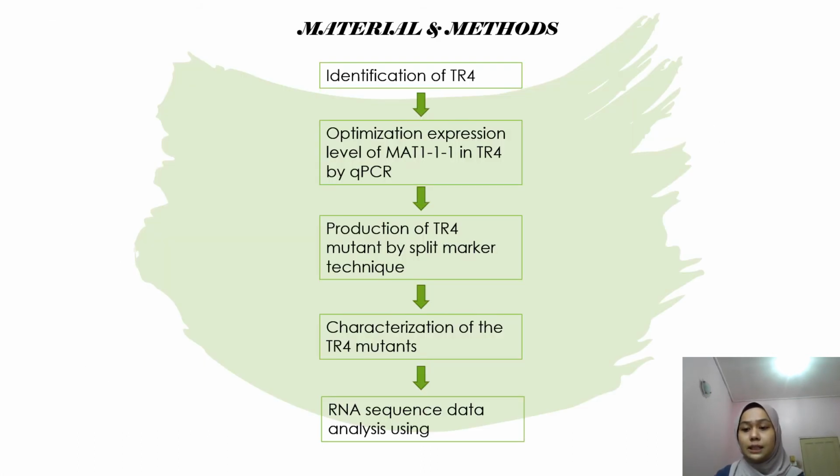So here is the approach that I will use in order to achieve all the objectives I have highlighted. First is the identification of TR4. Second is the optimization of the expression level of MAT1-1 in TR4 by qPCR, where we will see the difference in the expression level of MAT during the saprophytic form of TR4 and also during its pathogenic form.